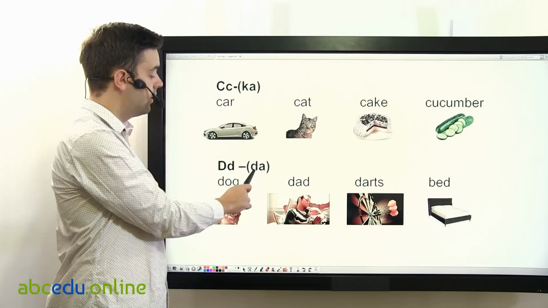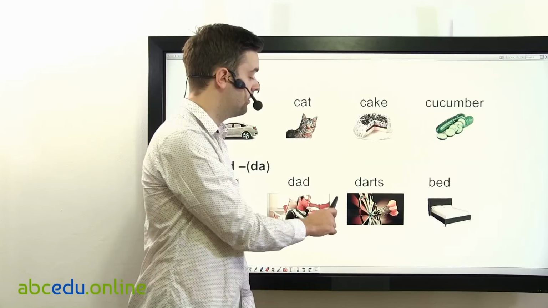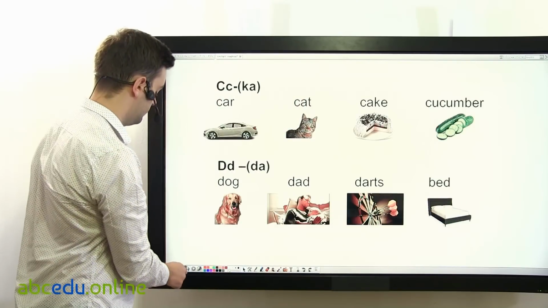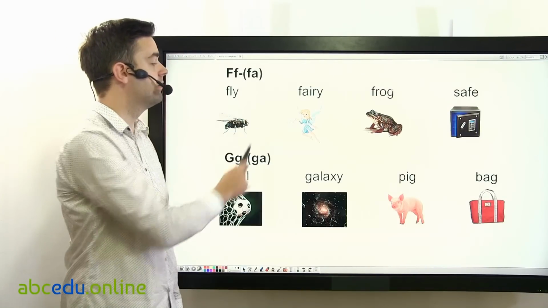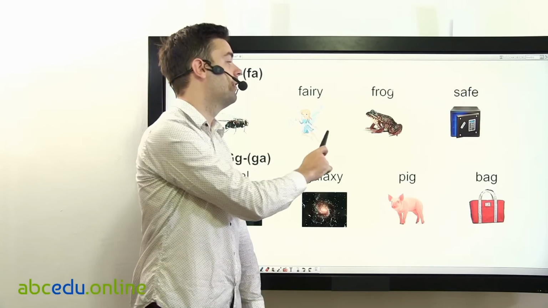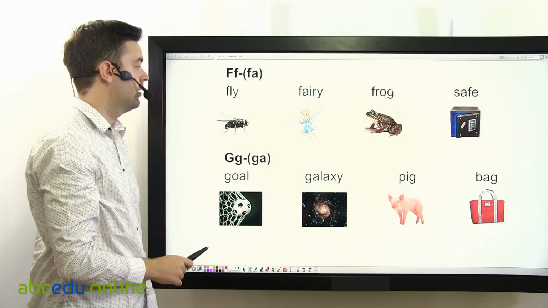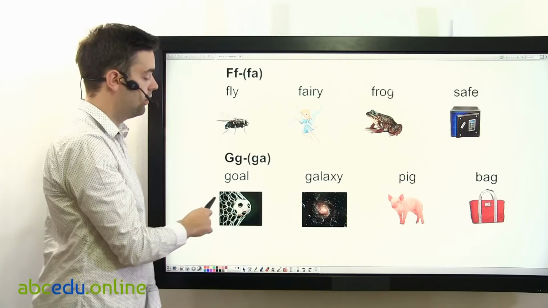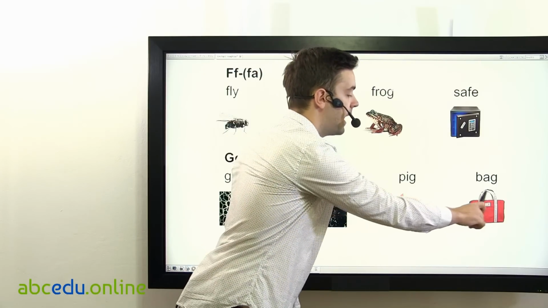D: dog, dad, darts, bed. F: fly, fairy, frog, safe. G: goal, galaxy, pig, bag.